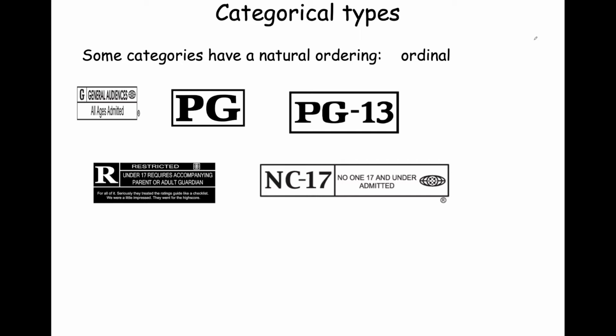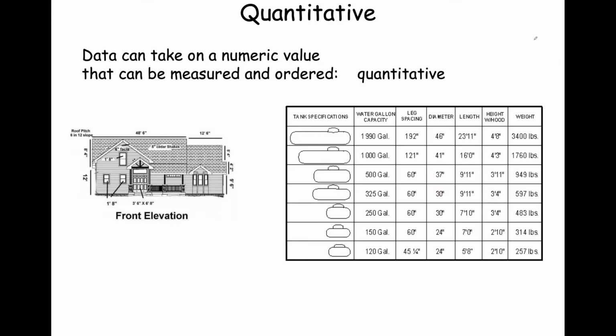G is for the youngest audience, and NC-17 is for the oldest audience, and you can naturally order these categories. So these sort of categories are called ordinal. So we have categorical and we have ordinal. They're both categories, but one has a natural ordering and the other does not.